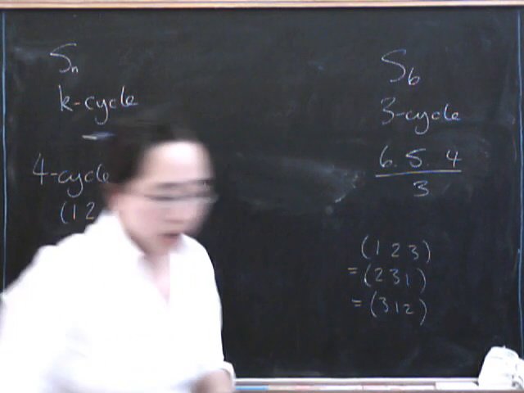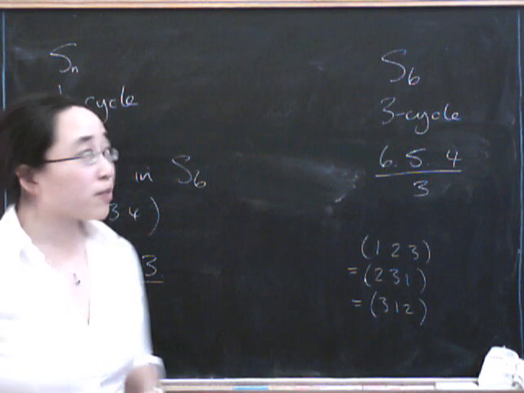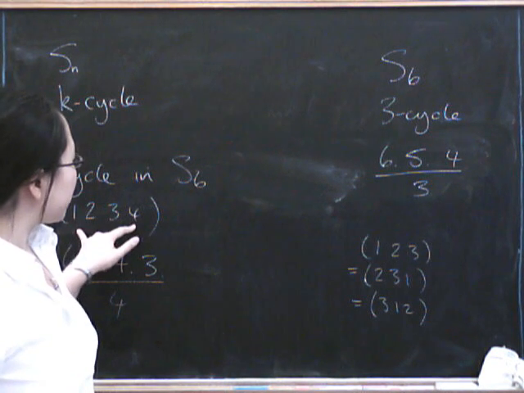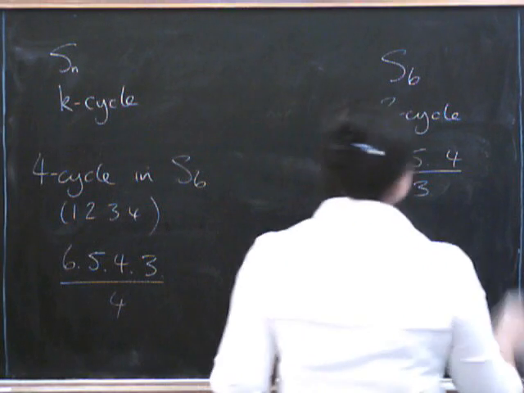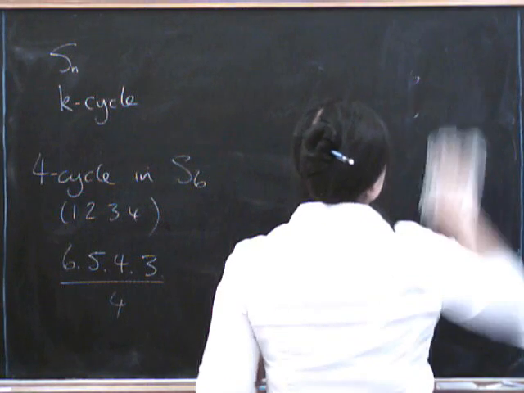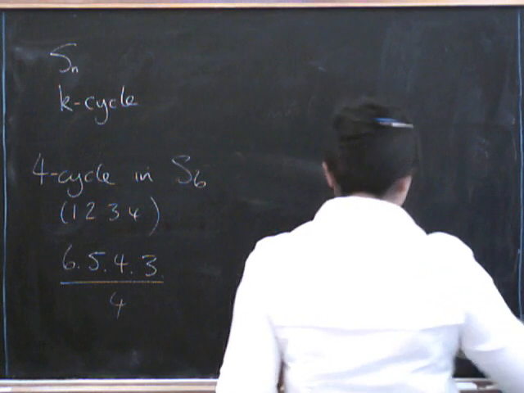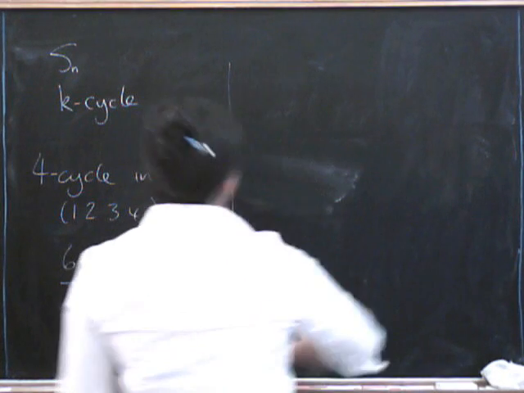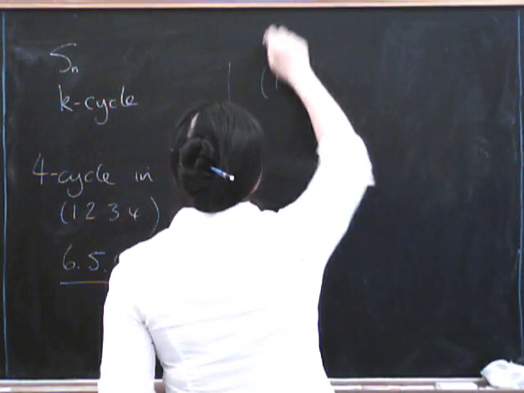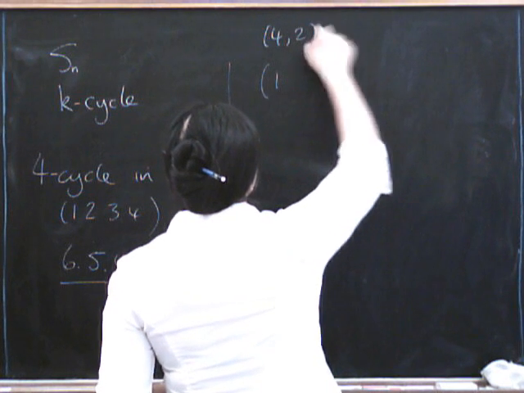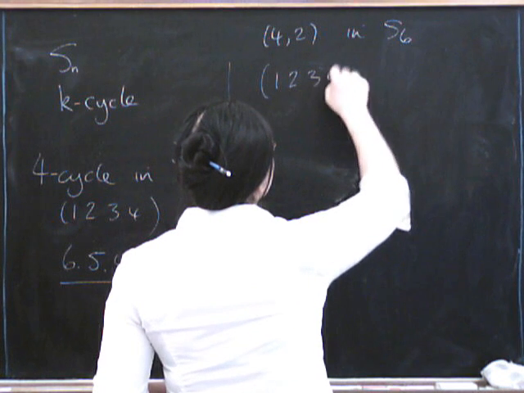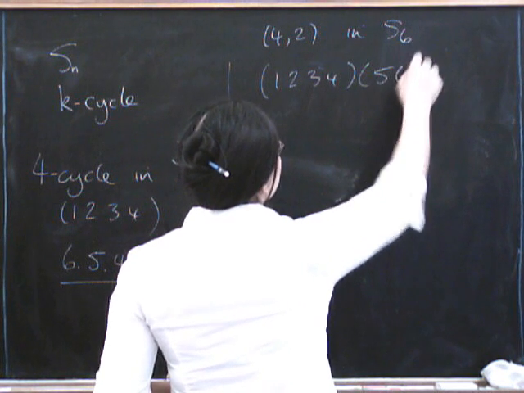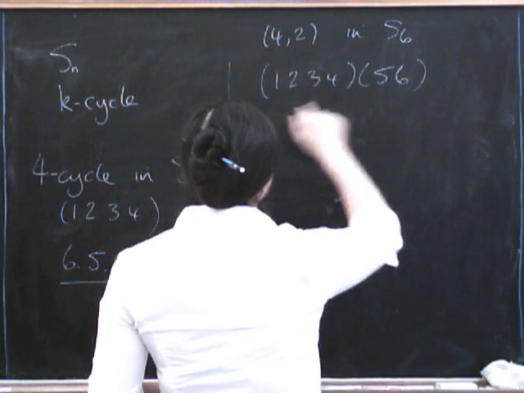Now, that deals with ones where there's only one disjoint cycle. But if you've got some other disjoint cycle after it, then there's a bit more stuff going on. So for example, if you're doing something of type 4, 2 in S6, so you've got (1 2 3 4)(5 6), then you take the number of possibilities.